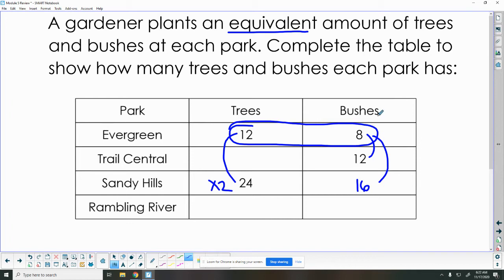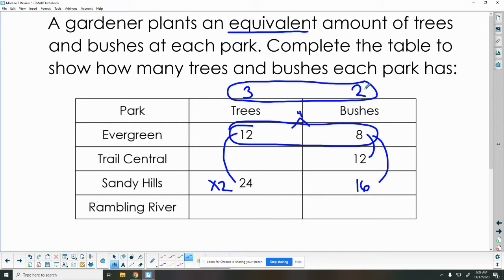So think of a number that goes into both of these. So 4 goes into both 12 and 8. 12 divided by 4 is 3. And 8 divided by 4 is 2. So our basic ratio that the gardener is using is every time he plants 3 trees, he'll plant 2 bushes.